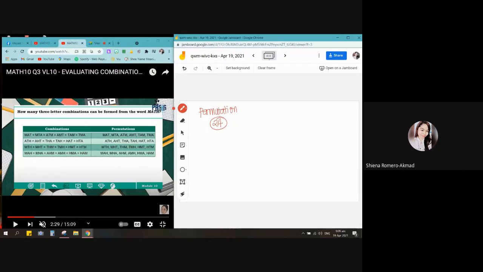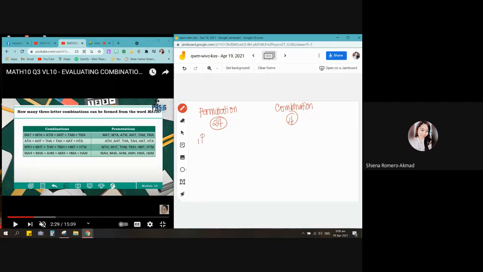When in combination, we have 4 only. 4 lang yung arrangements na meron tayo. Sa permutation, 24. Now, we look at the formula for permutation. Ulit yung formula niya.